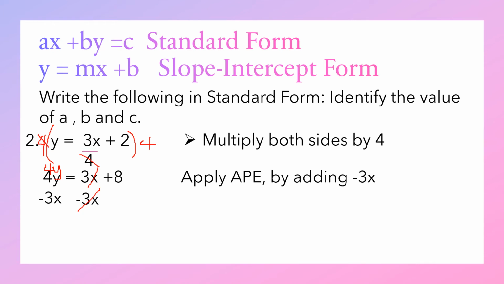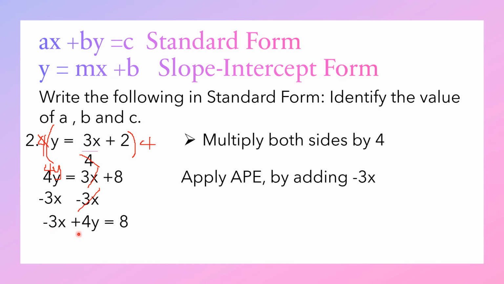And negative 3x now, kukopyahin ko lang dyan sa kabilang side. So, magiging negative 3x plus 4y is equal to 8. Kopyahin mo lang yung x dito. And then, again, siya ay negative. So, again, magmumultiply ka uli ng negative 1 para magiging positive yung 3 natin.